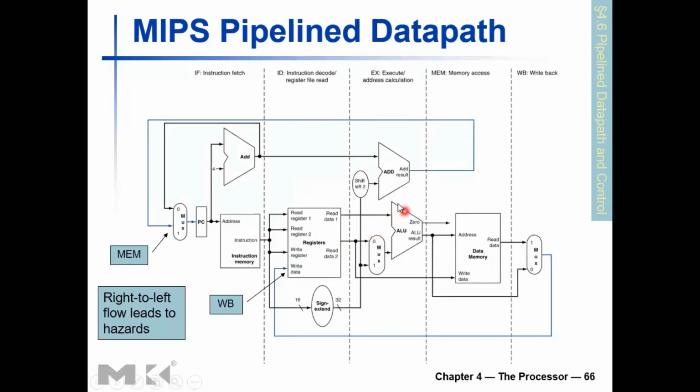At the same time, in parallel, for branches, you need to calculate the next program counter address using the immediate offset provided in the instruction, sign extending and shifting it, and taking the regular PC+4 value and adding them together to generate the jump address or the branch address.